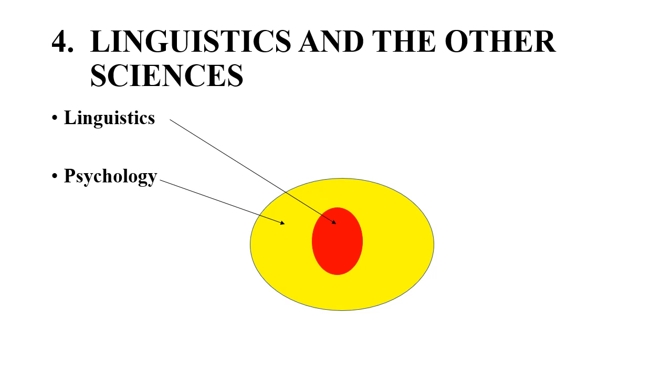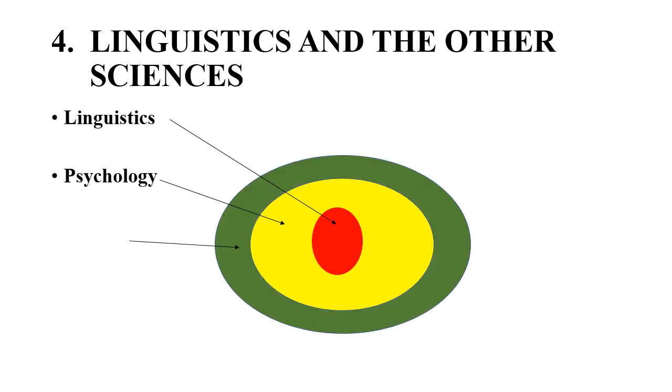Psycho comes from psyche. In Greek means the mind, the spirit. So in this case, notice that because linguistics is interested in the study of language, which is part of mind, we say then that linguistics is part of psychology.